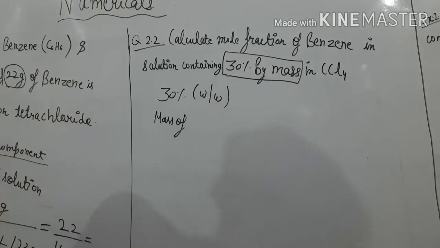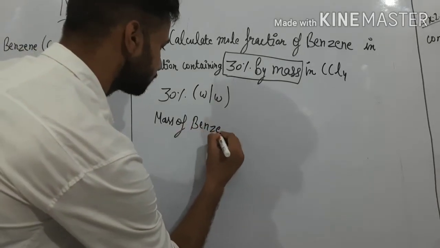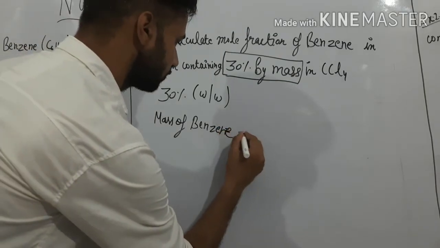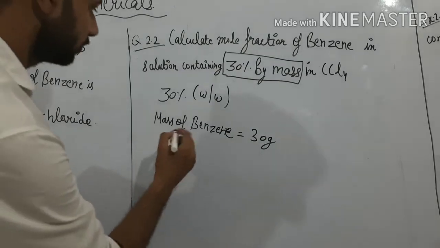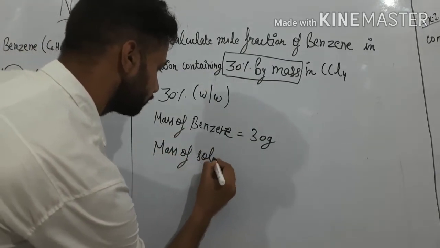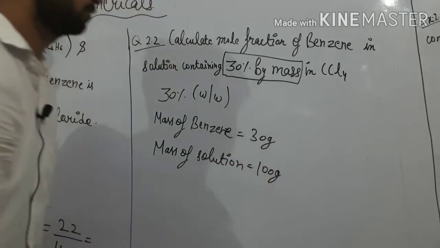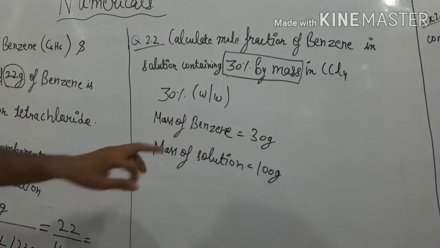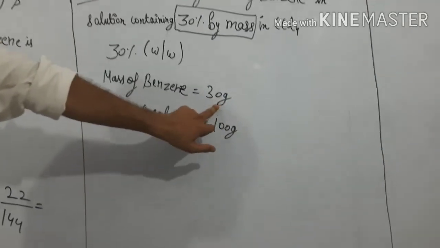Mass of benzene is 30 gram, and mass of solution is equal to 100 gram. From this data we will conclude that in 100 gram of solution there is 30 gram of benzene.